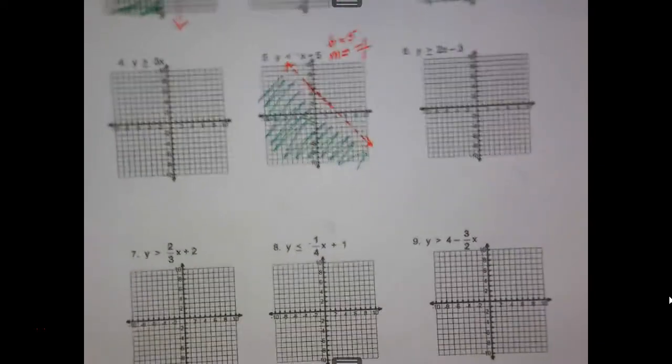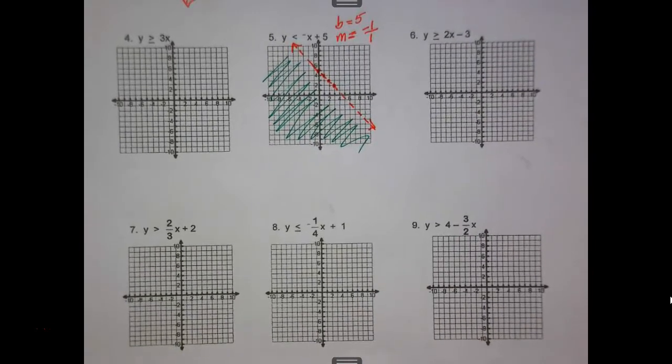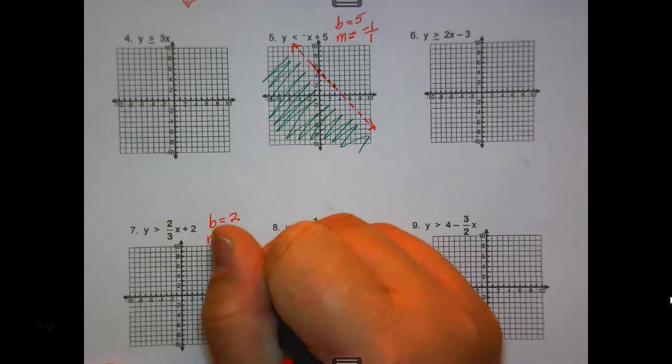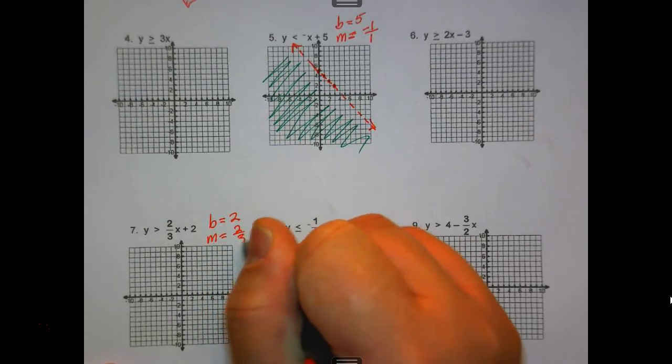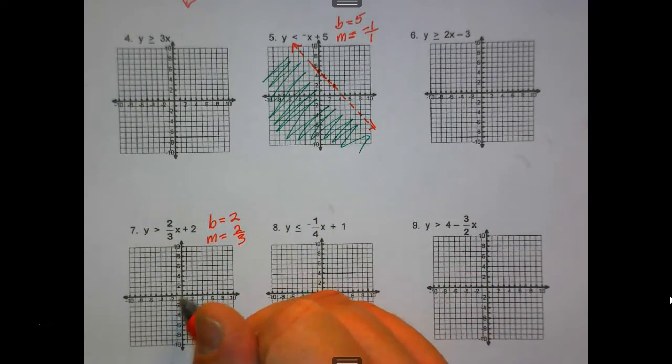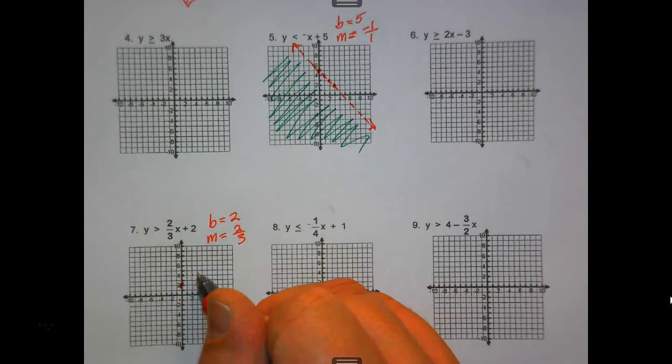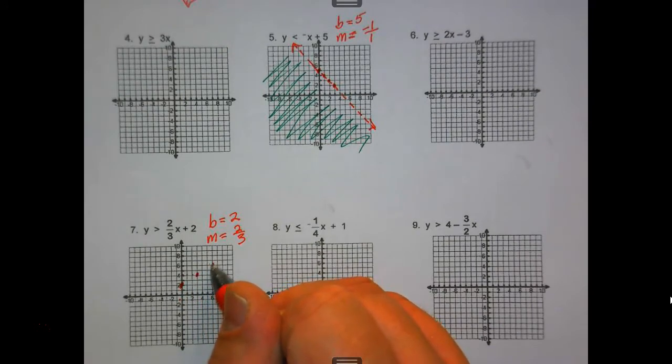Number 7, my y-intercept is 2. My slope is 2/3. So I start at y equals 2, up 2 over 3, up 2 over 3.